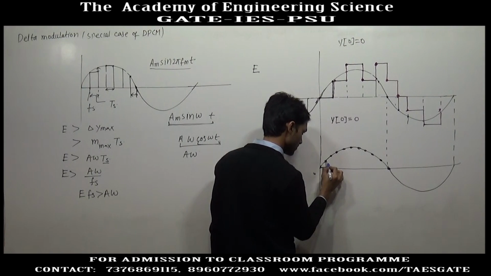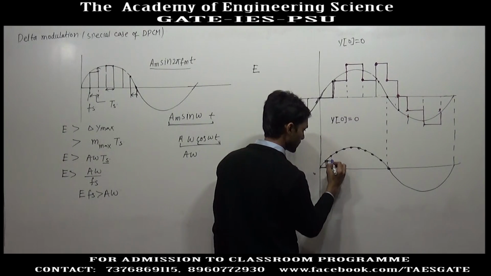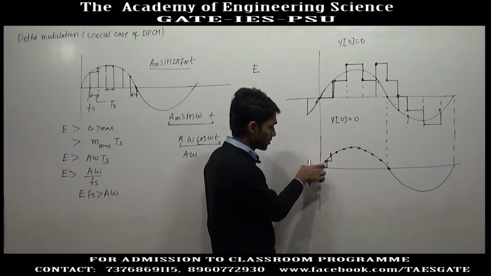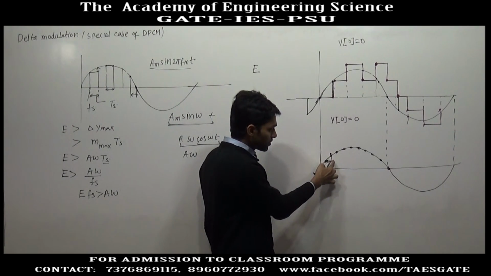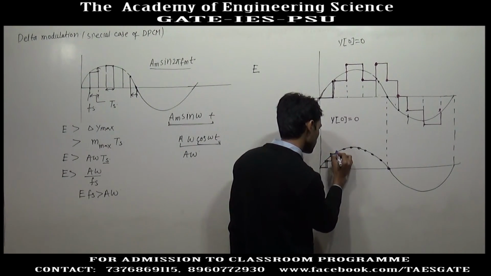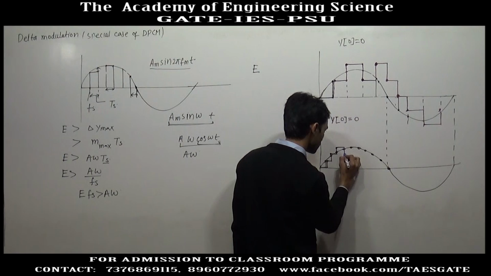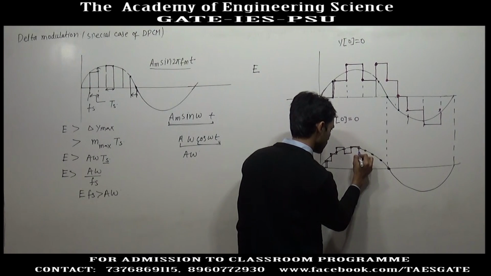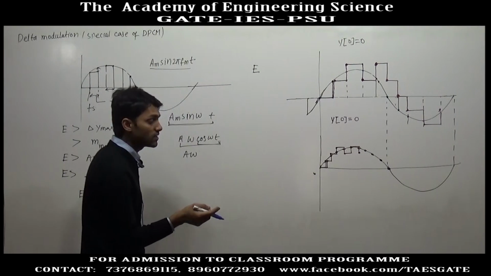So, at this point we will have this output. At this instant we will have this output, because the second change in input will be less than the first change in input, but the threshold is equal to the first change in input. So, at the second step the output will exceed the second input. At this point we will have this output, now we will have this kind of output. We have already done it 2 or 3 times.